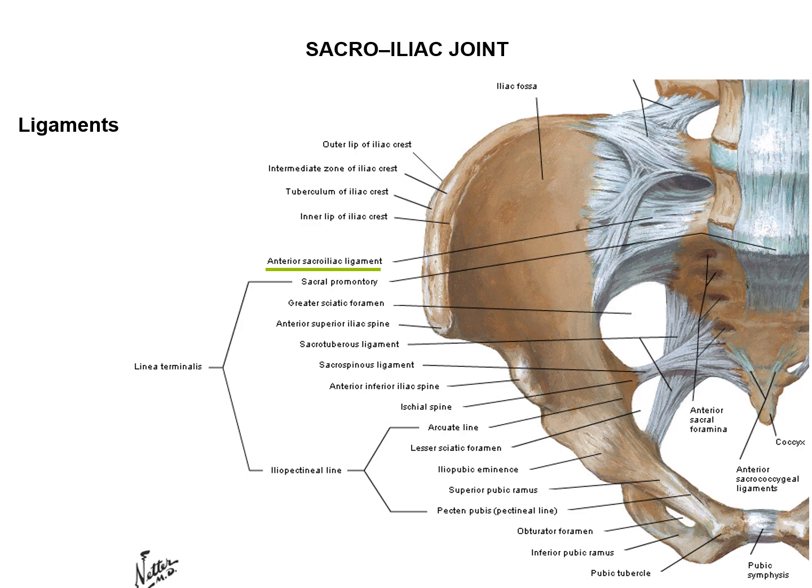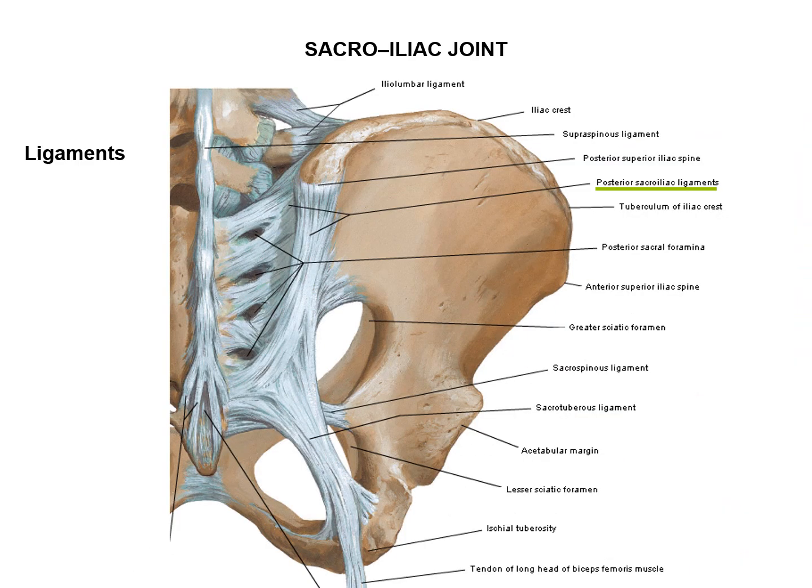At the anterior surface of the sacroiliac joint, the anterior sacroiliac ligament is visible. At the posterior surface of the sacroiliac joint, the posterior sacroiliac ligament is visible.